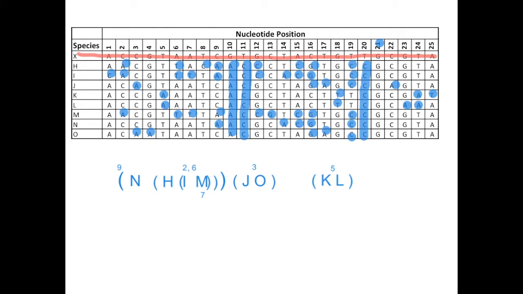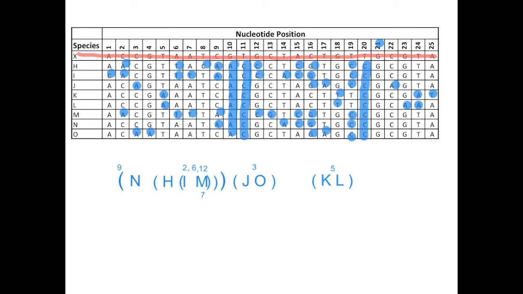Group 10 and 11, we'll come back to those because it includes all of them. And we'll figure that out at the end. Group 12 has changes in H, I, and M, like we've already seen before with traits 2 and 6. There we go. Now group 13 is uninformative again because there's only one.